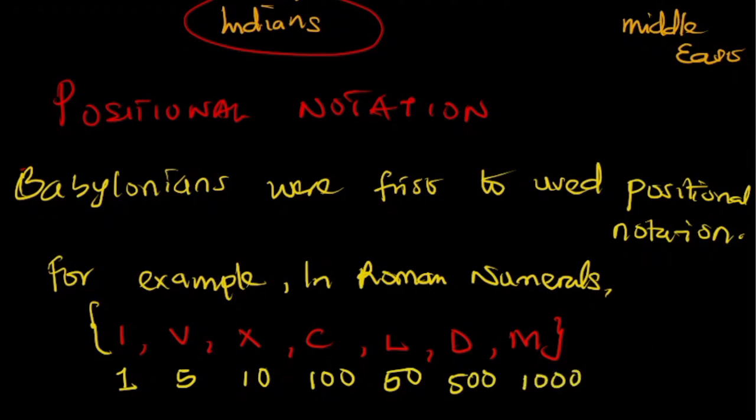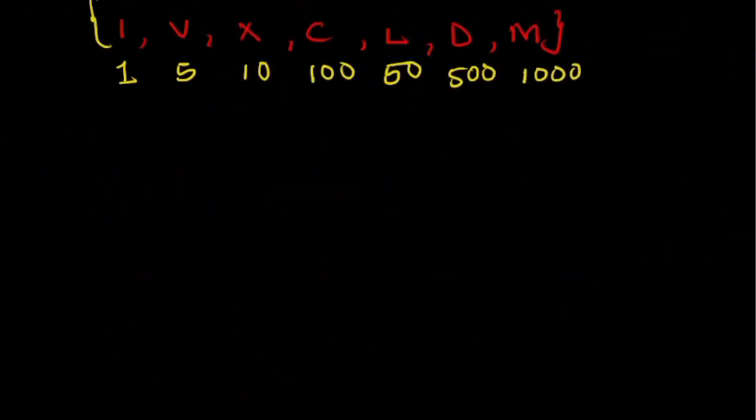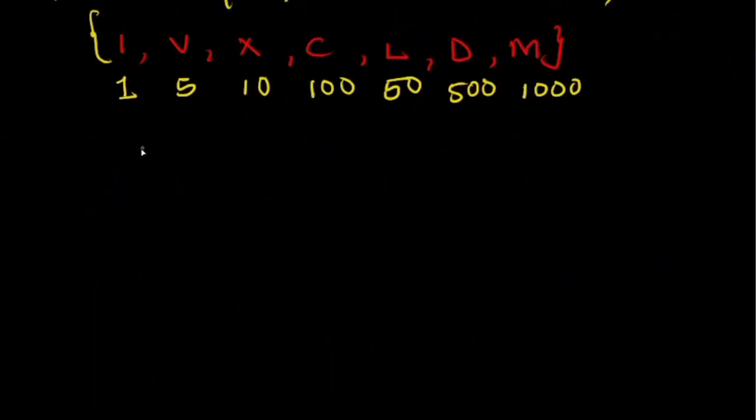You can see that these were the only glyphs they had. Let's say they wanted to write 6. They would write 6 as VI. Because the smaller number I comes after the bigger number V, 1 is added to 5, and that gives us 6.